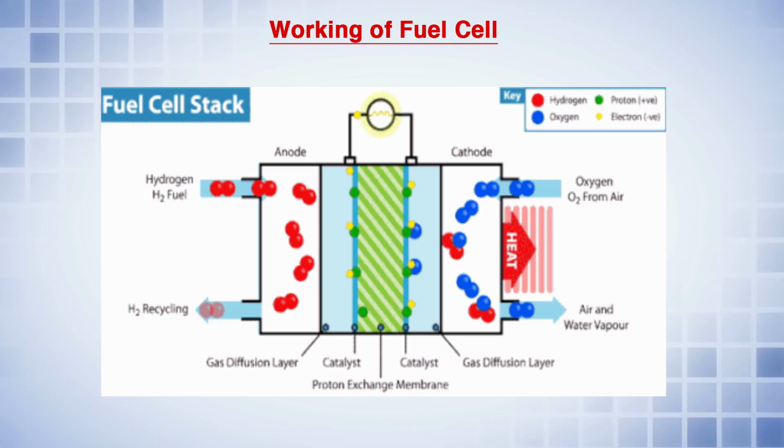As we have discussed, these two gases are injected on the anode side and cathode side respectively, and whenever we inject these two gases, we get the electrical output across the two electrodes. You can see there is an exchange membrane in between the electrodes, and we have the catalyst in between those two electrodes.